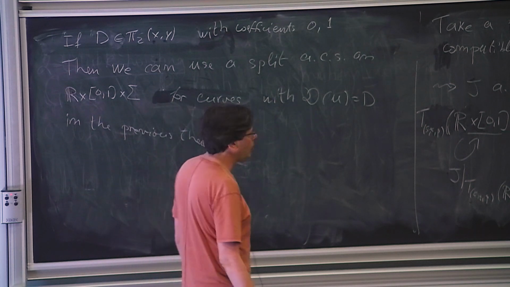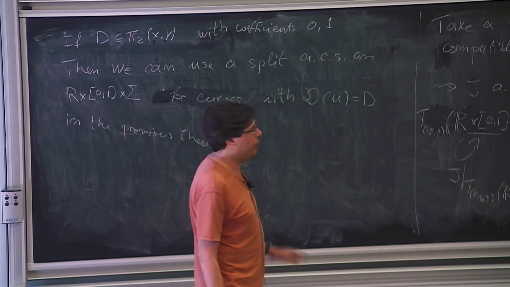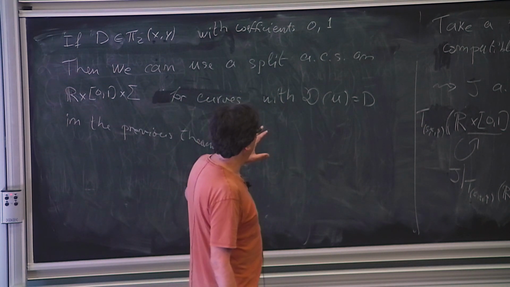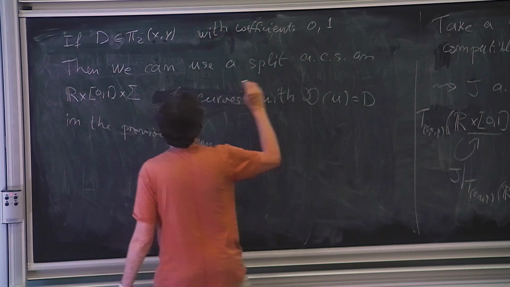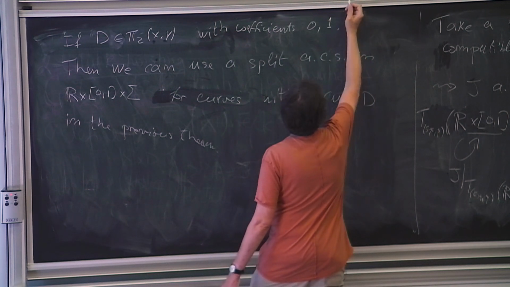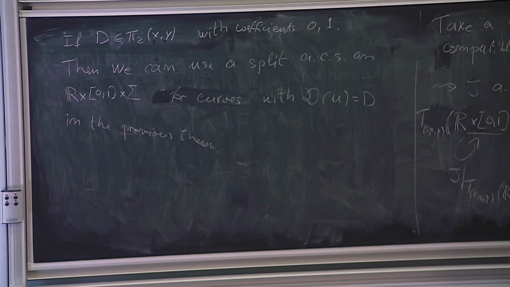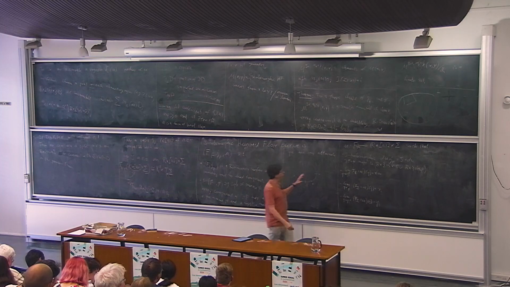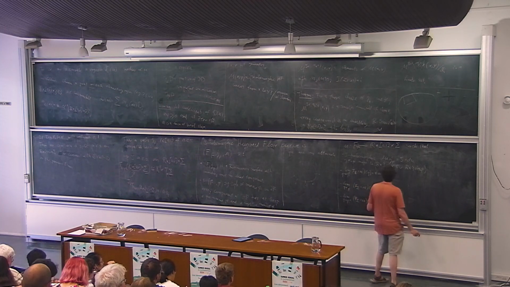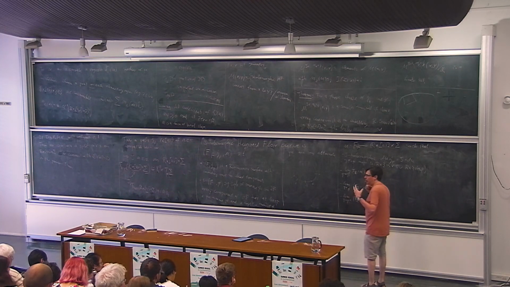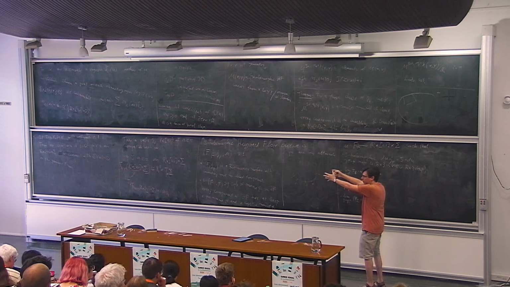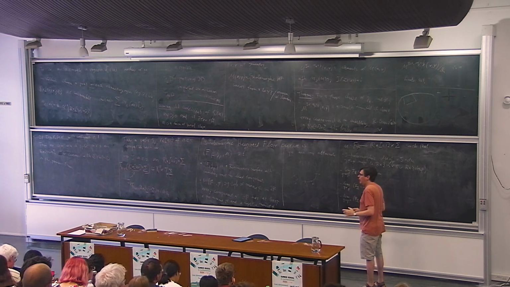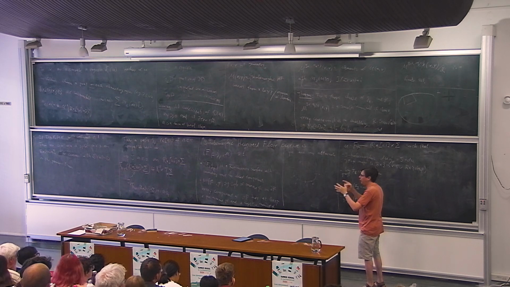So this is a bit convoluted, but what I mean is, suppose you have some D with index 1. In the moduli space, look only at those curves whose shadow is that region D, and D has only coefficients 0 and 1.